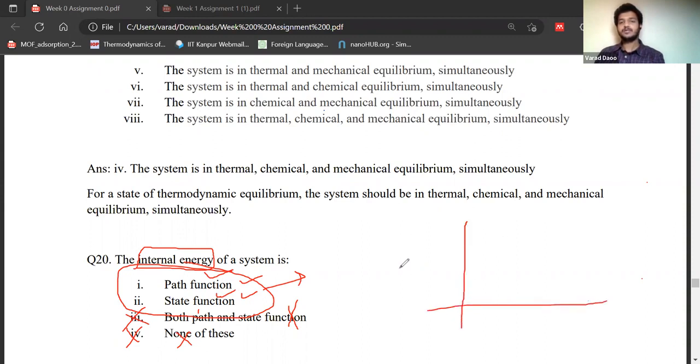As a hint, let's say this is thermodynamic property P, this is V. We have this point, which is the initial point, and this point, which is the final point.